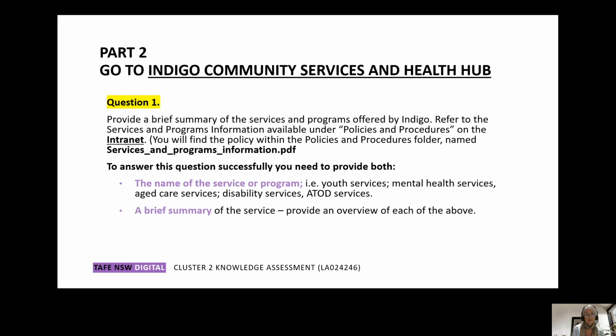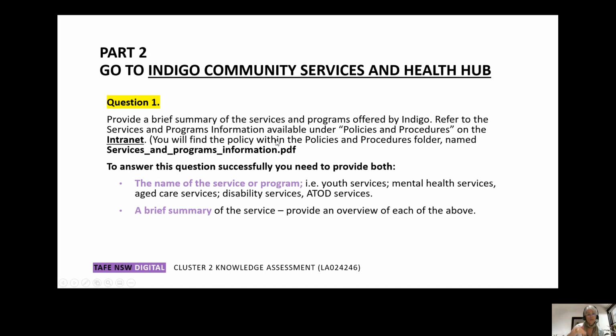So question 1 says, provide a brief summary of the services and programs offered by Indigo. Refer to the services and programs information available under policies and procedures. Go to the Indigo website, look for the tab on the website that says policies and procedures. Then it says you will find a policy.